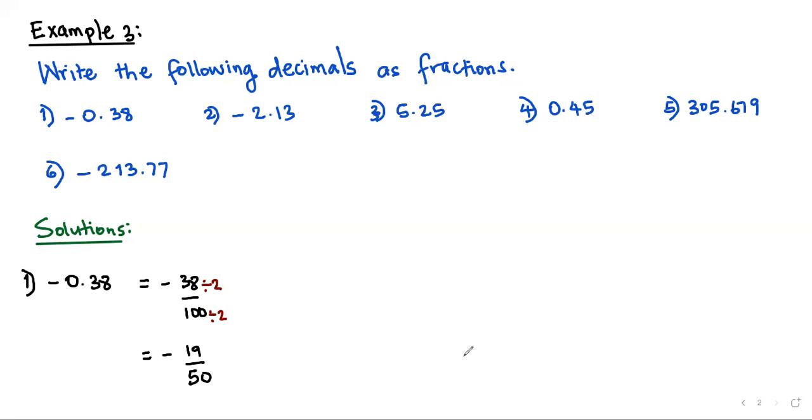Okay, now let's look at number 2. In number 2, we have negative 2.13. What do we have then? Negative 213 out of 100.